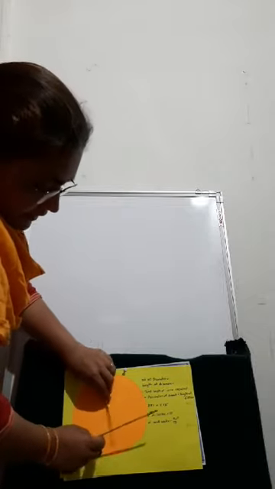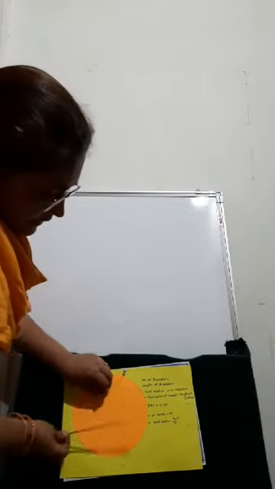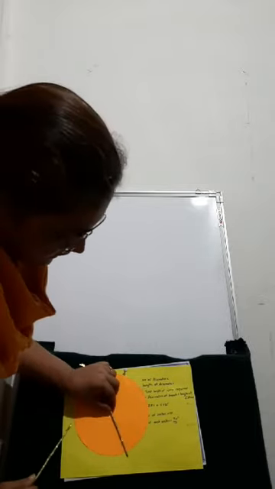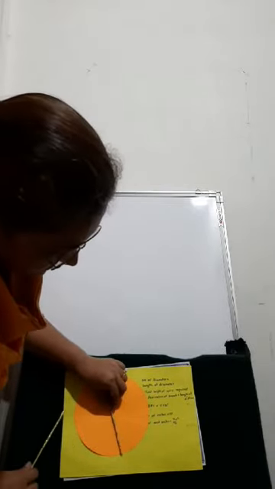See, this is the tangent. I will draw like this and consider this as the radius of the circle.